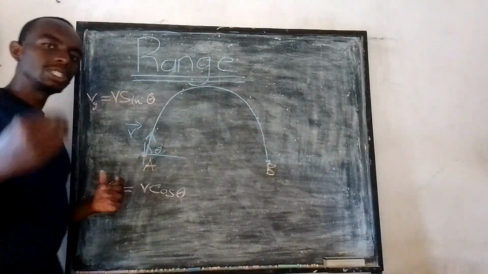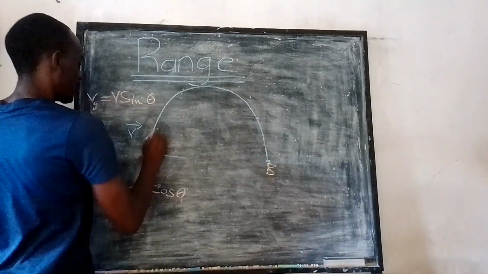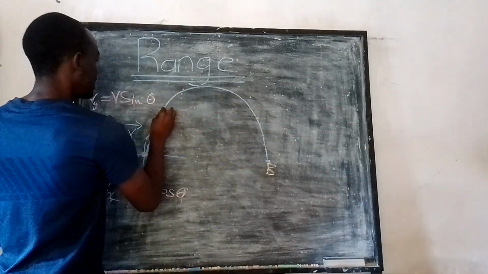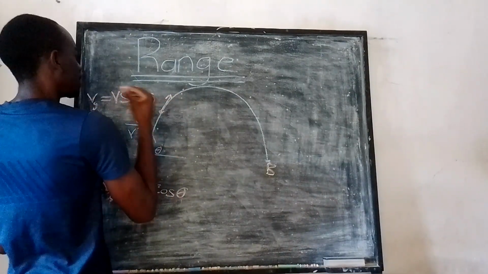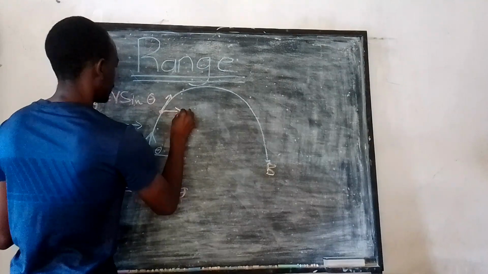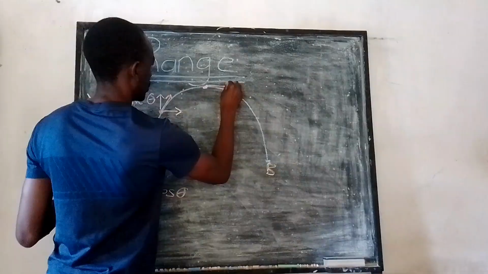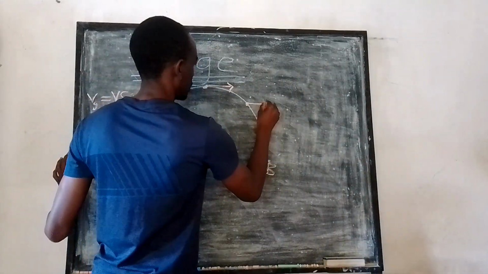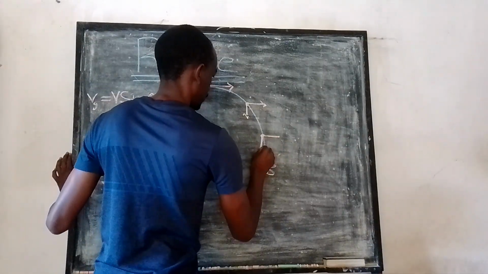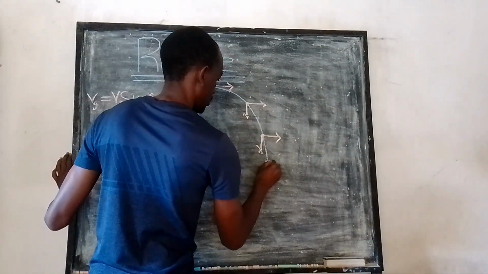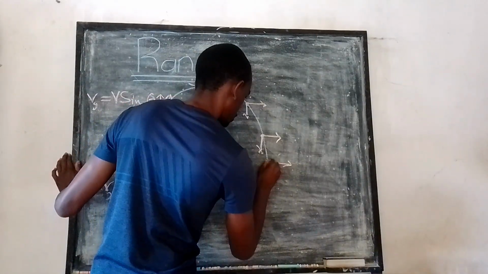Now, what I'm referring to as the horizontal displacement, remember, as our object moves from point A up to point B, at each point in space, the velocity it possesses can be broken down into its component velocities, at each point during its motion. Okay, sorry about that.